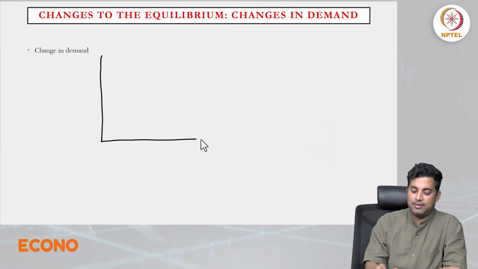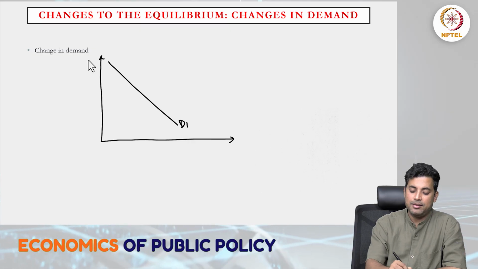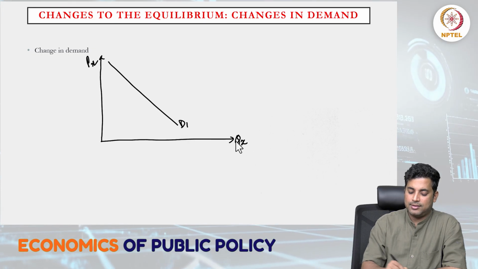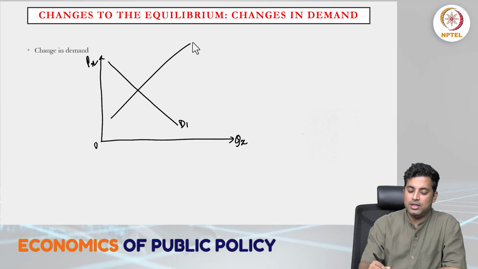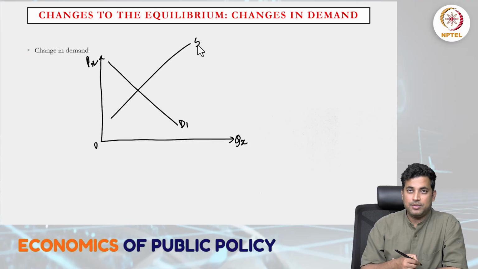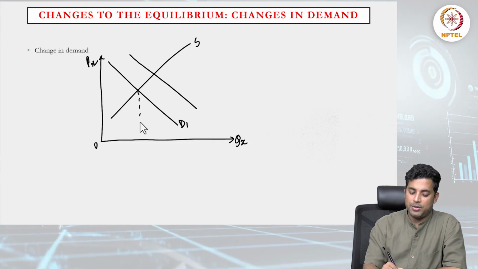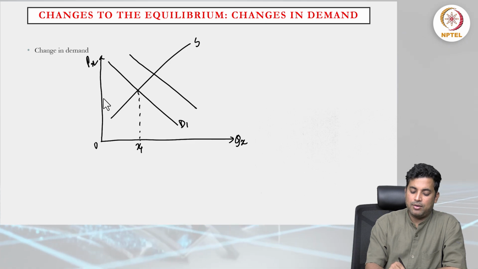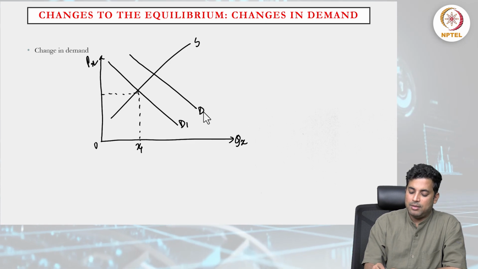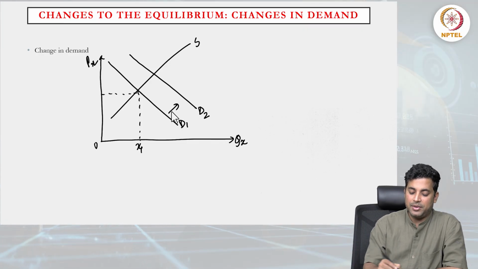Now let's move to what happens when demand changes. Any change in demand, like here D1, Px, and Qx, and this is the initial supply curve. Suppose that for certain reasons demand for that particular commodity has increased, and the demand curve shifts rightward. What happens to the equilibrium?